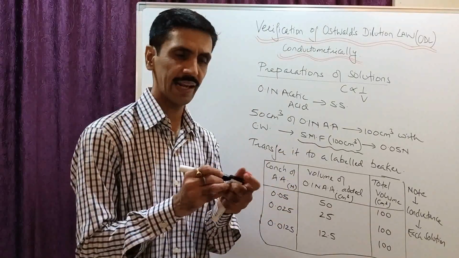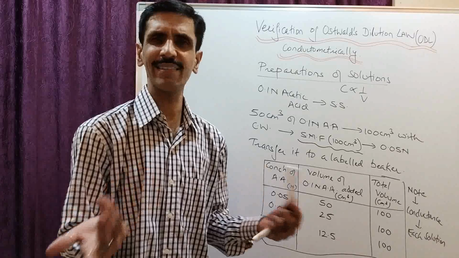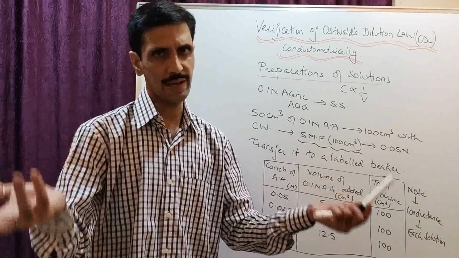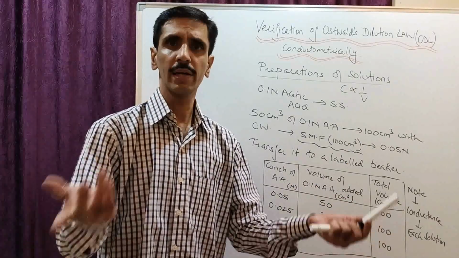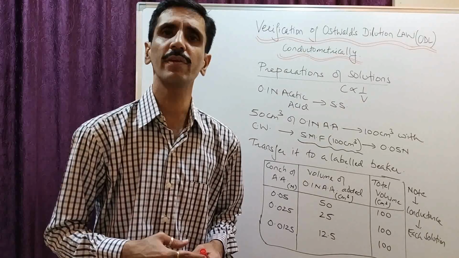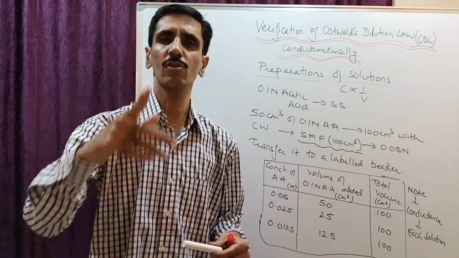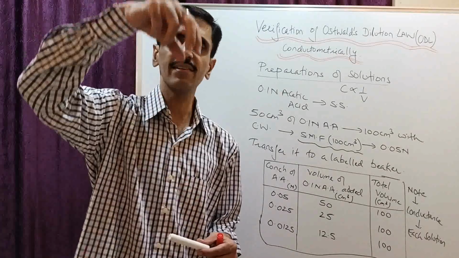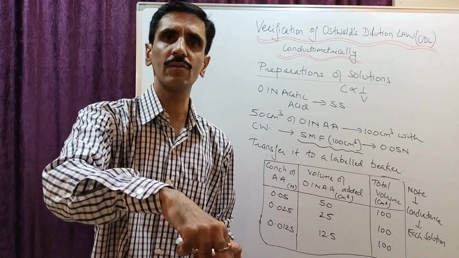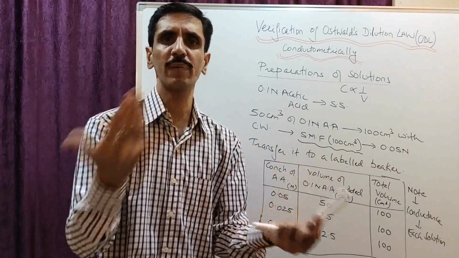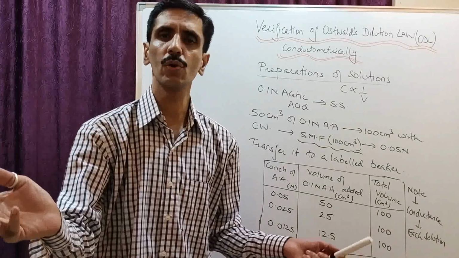So that means you are going to take 4 readings. Readings are very simple. I will always show it to you also in the coming part of this video, same video continuation. Just introduce the conductivity cell, dip the conductivity cell into the solution, and directly the display is there. And that reading you need to note down.